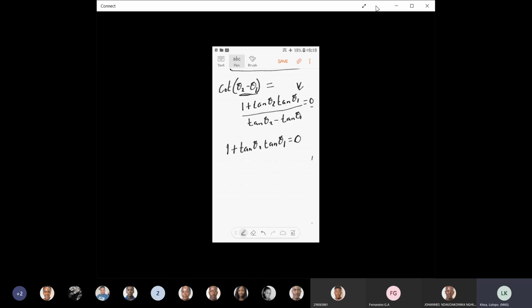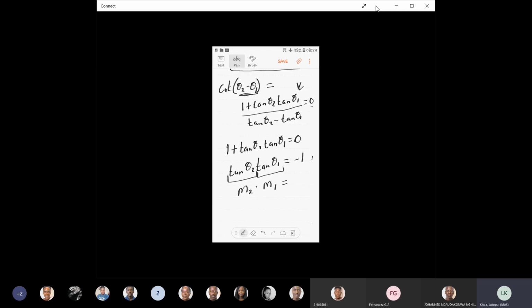Okay, then I take the 1 to the other side. I have tan theta 2 tan theta 1 equal to minus 1. But remember, when we take tan of the angle of inclination, this gives us our gradient. So this is m2, and tan of the angle of inclination of line 1 is m1.